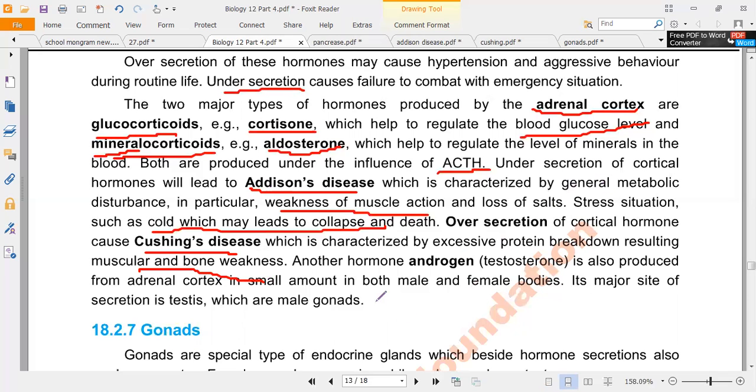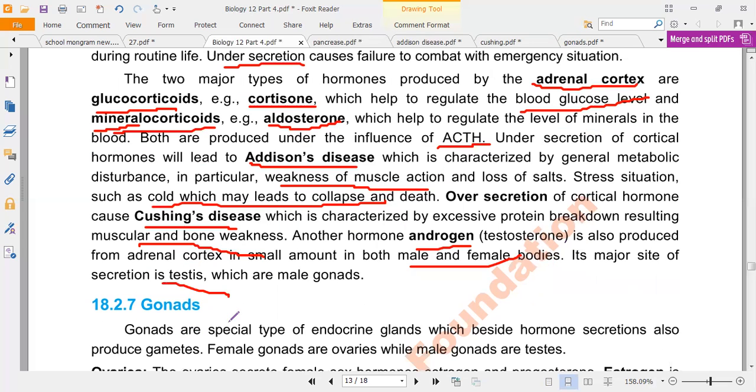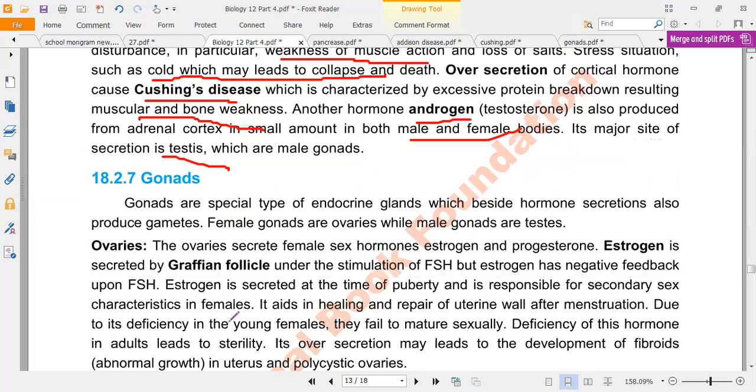Another hormone, besides cortisol and aldosterone, androgen, is also released from the adrenal cortex in a very small amount in both male and female. Just remember that androgen in high amount is released from the testes, which are male gonads, but in females it is also released from the adrenal cortex.